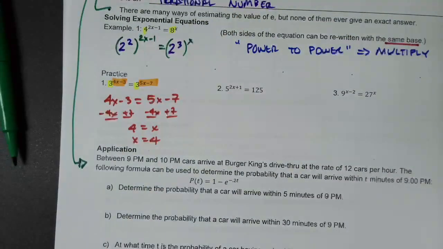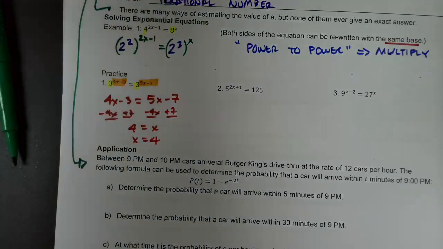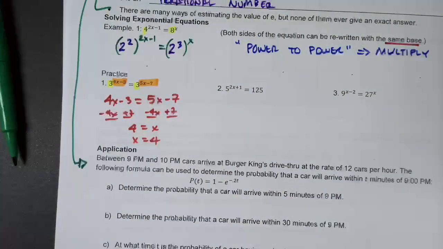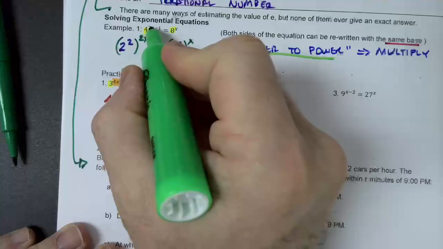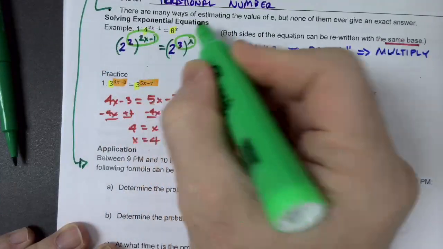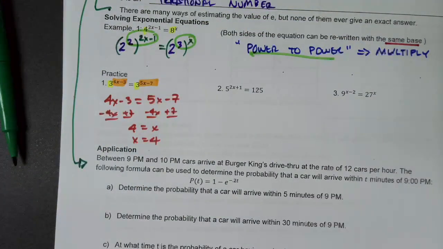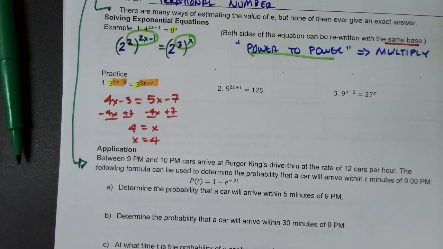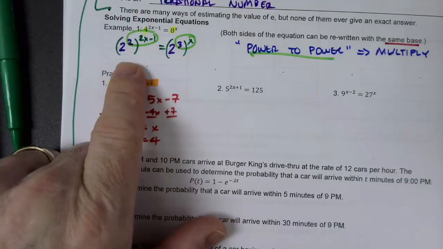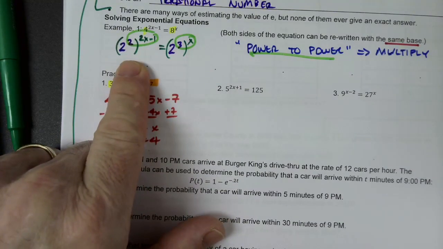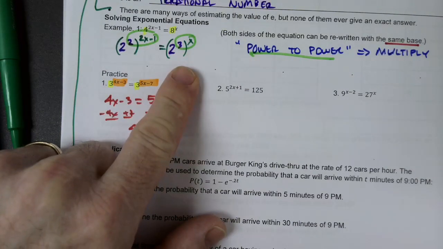Then we use this power to a power property and multiply these. When we multiply those, we'll be left with an equation that has an expression with 2 as the base here and 2 as the base there.